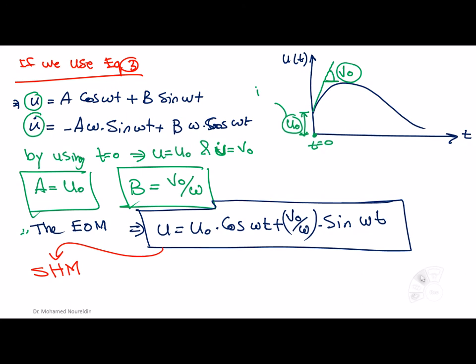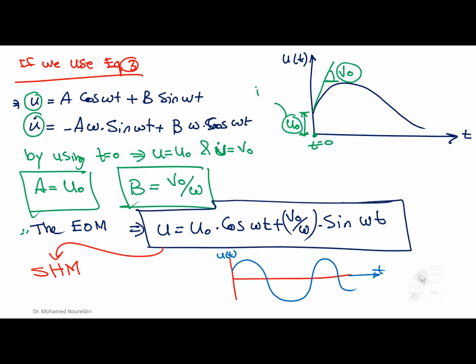Because it oscillates about the equilibrium. In our case, this kind of motion is going to be something similar to this. If this is t and this is u of t, for example, then it oscillates around the original equilibrium condition, and it repeats itself.